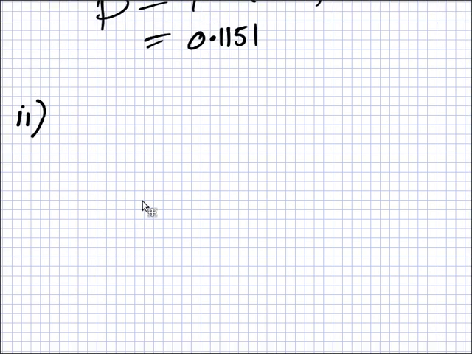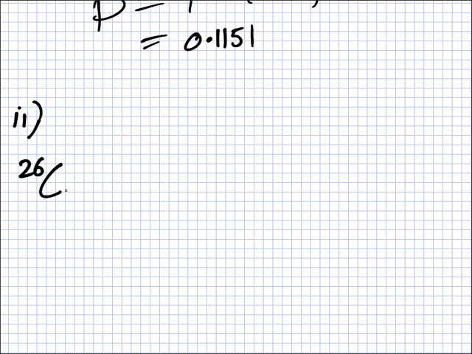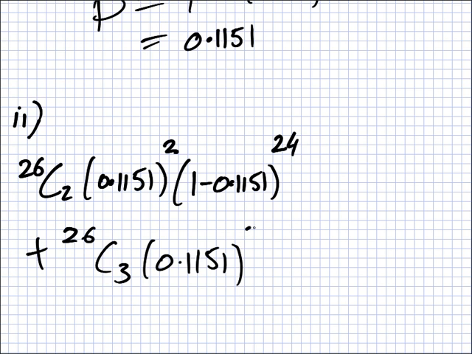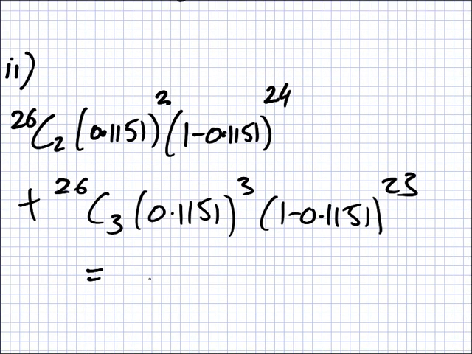So that she's late on 2 days would be 26C2 times 0.1151 squared, times 1 minus 0.1151 to the power 24, plus 3 days: 26C3 times 0.1151 cubed, times 1 minus 0.1151 to the power 23. Bash that in on the calculator, and what do you get?